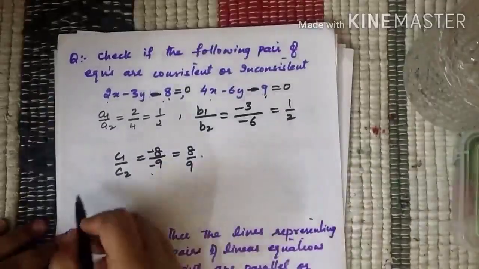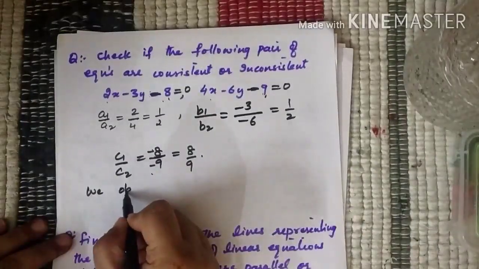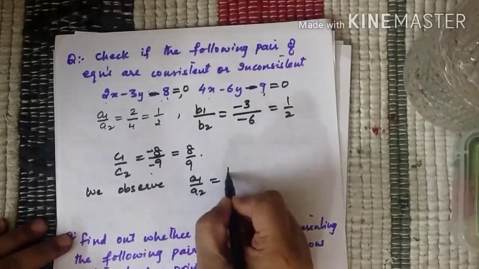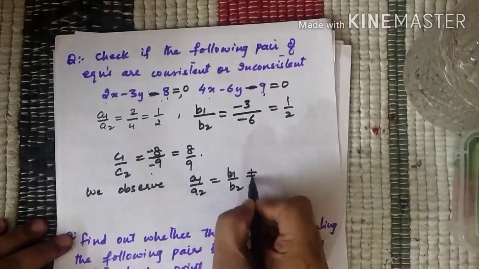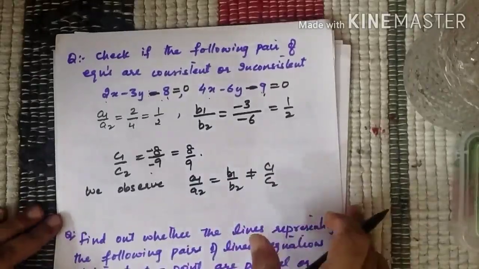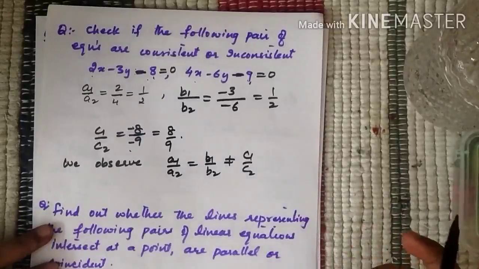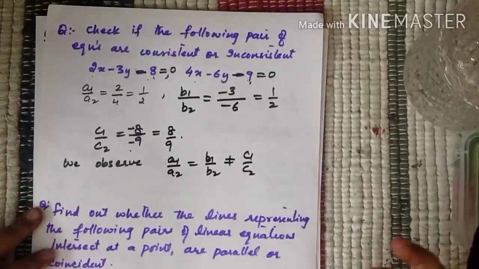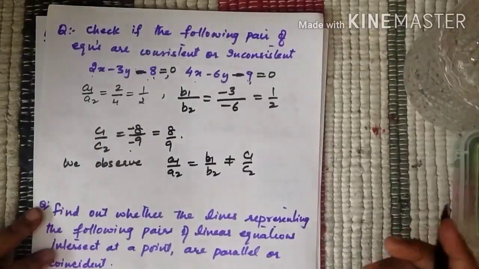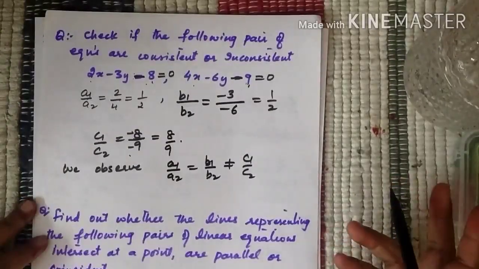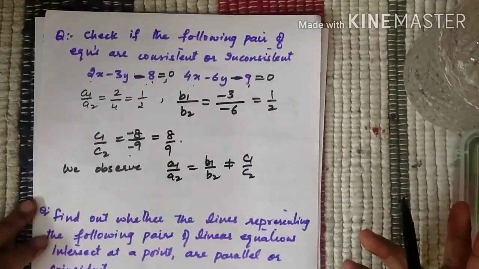Now what do we observe? We observe a1/a2 is equal to b1/b2 but not equal to c1/c2. Now what are these conditions for? You remember, for unique solution the condition was a1/a2 not equal to b1/b2. For many solutions the condition was a1/a2 equal to b1/b2 equal to c1/c2.